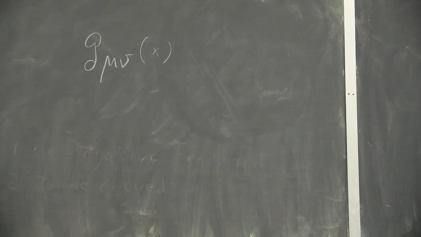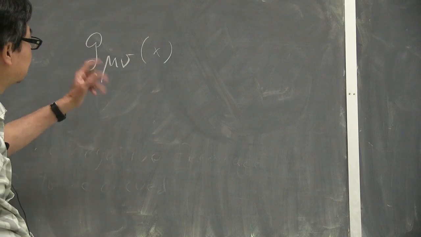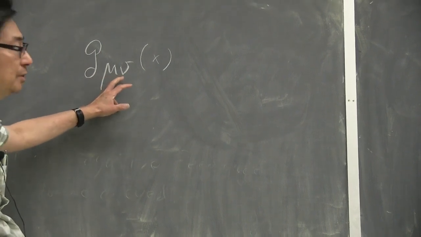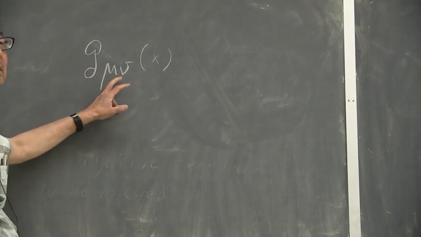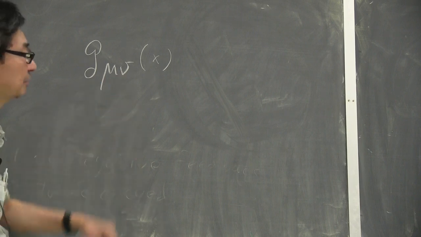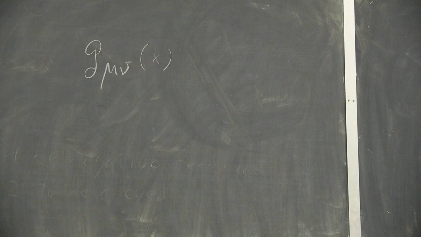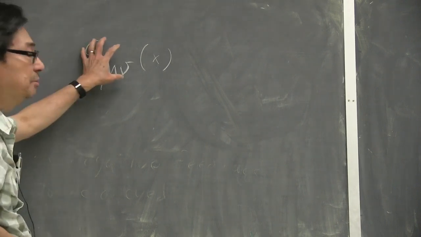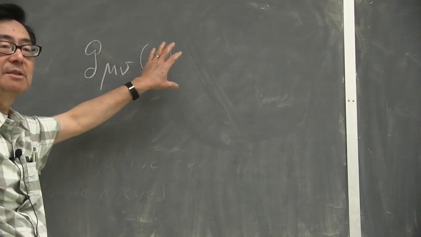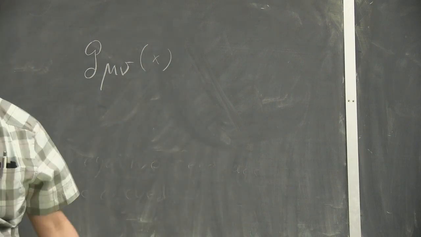The Euclidean case is of dimension 3, so each one of mu and nu can take on 3 values. In the Minkowski space, each one of mu and nu can take on 4 values. In both the Euclidean and the Minkowski space, the G mu nu is constant. It means everywhere it's the same thing. It doesn't depend on the position.